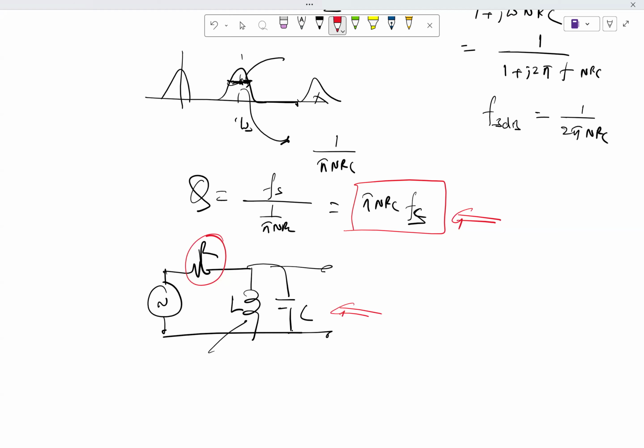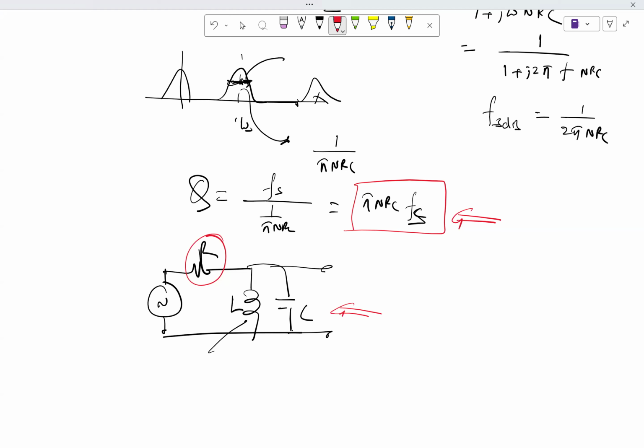Another thing which is not apparent from here is that, given an RLC in an LTI network, the bandwidth is also directly proportional to the center frequency. You can do it yourself, a DIY: find out the ratio of F0 over the 3 dB bandwidth for the RLC network.